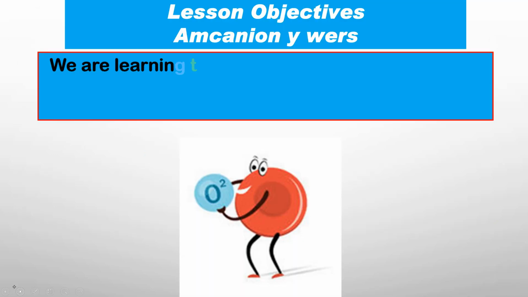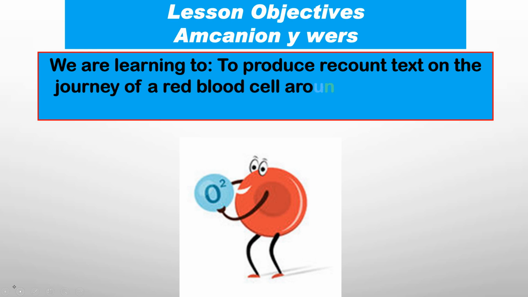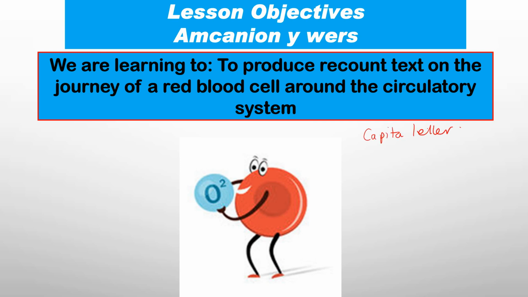So you're going to go on to your piece of creative writing next. You're going to produce a piece of recount text on the journey of a red blood cell around the circulatory system. Just a few reminders about what needs to be included in recount text. Because it's an extended piece of writing, we need to make sure that we have capital letters to start sentences, that we have full stops to finish them, that we have appropriate punctuation where required.